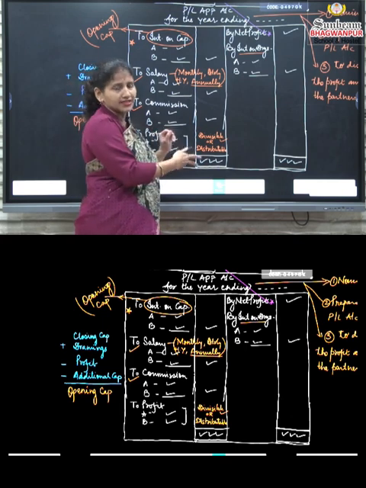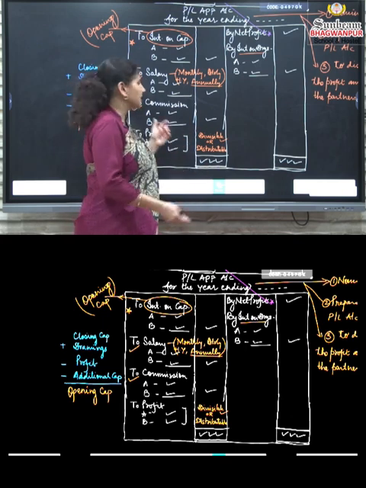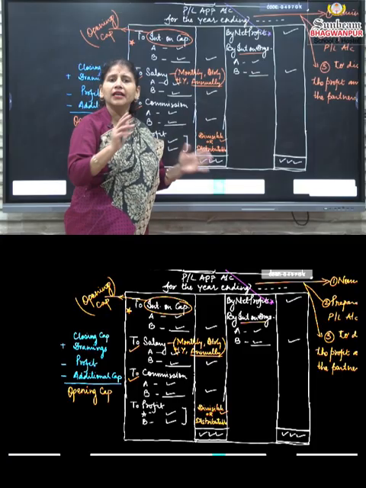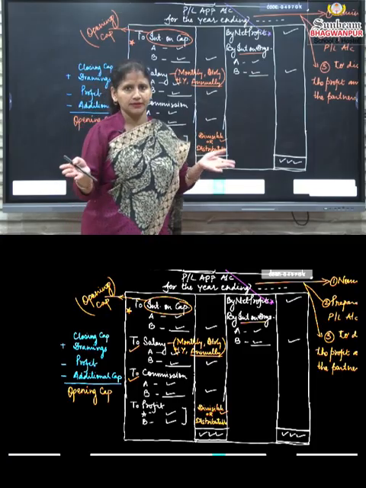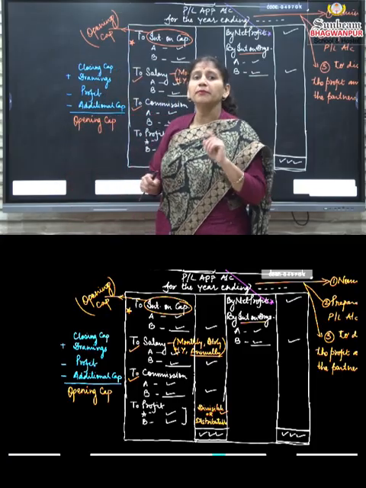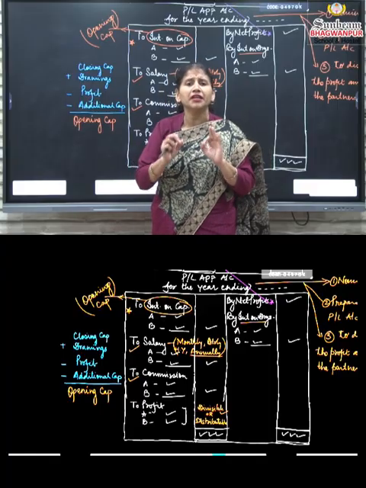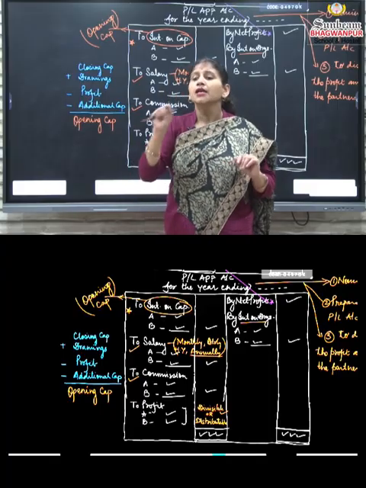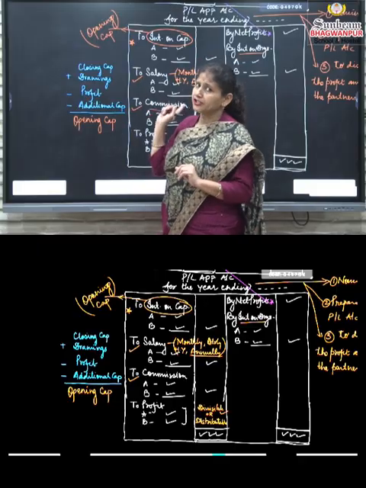A few minutes back, I told you that there are several cases related to interest on capital, right, and we must go through them because we have to be very careful while reading questions related to this chapter.